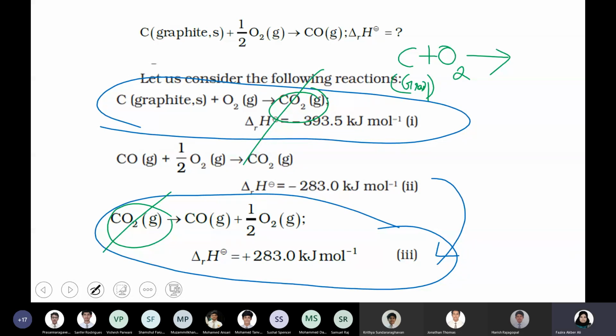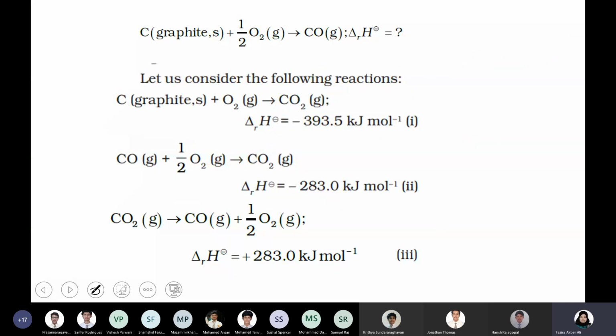You will be getting C plus O2 giving CO plus half O2, but again half O2 will be cancelled, right? So finally you will get C plus half O2 gives CO. Please do it in a notebook and see, then only you will understand. Don't just look at the screen and do it.